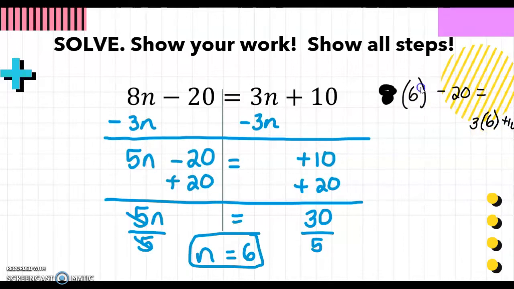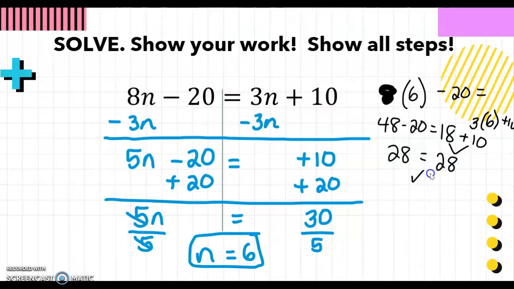Okay, let's work it out. 8 times 6 is 48 minus 20 equals 18 plus 10. 48 minus 20 is 28, and 18 plus 10 is 28. So sure enough, it does check out. You can check any equation that way.